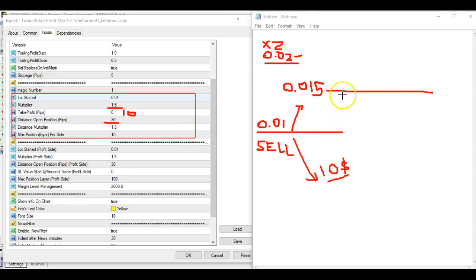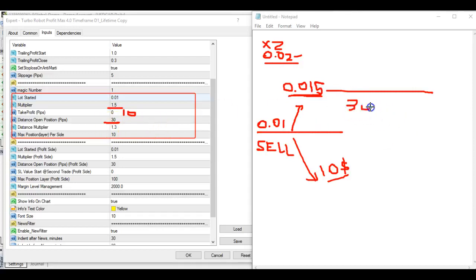So let's say it goes up. If here it goes down 10 pips, then you get your 10 pips. But if it goes up, on the opposite side, the next position I open with this particular lot size 0.015 will be at 30 pips.